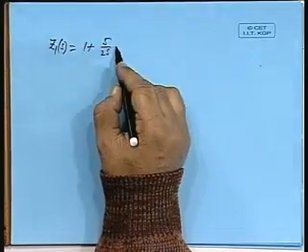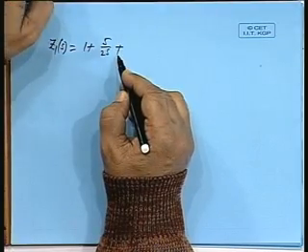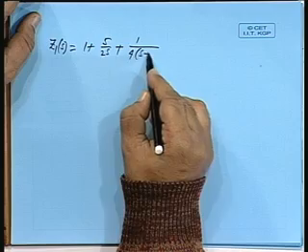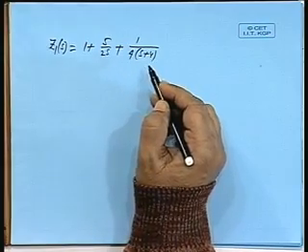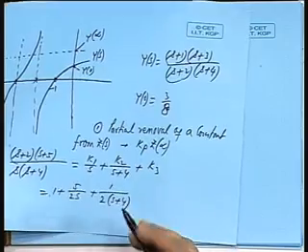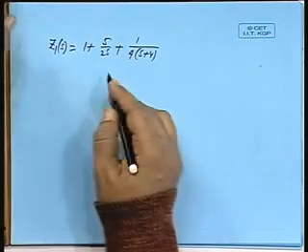Let us weaken the third one and then see what happens. Z1(s) is equal to 1 plus 5 by 2s plus 1 by 4 into (s plus 4). Half of this is removed. So, 1/4 I have taken out. So, 1/4 is retained.